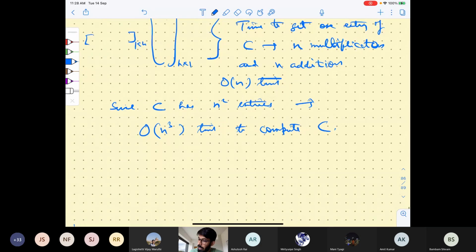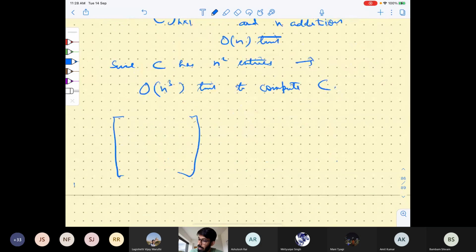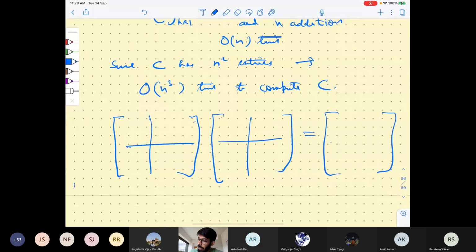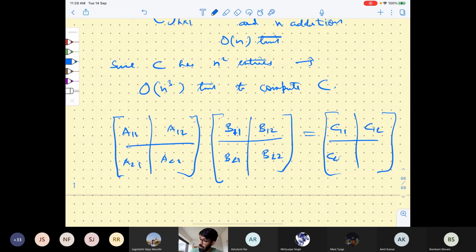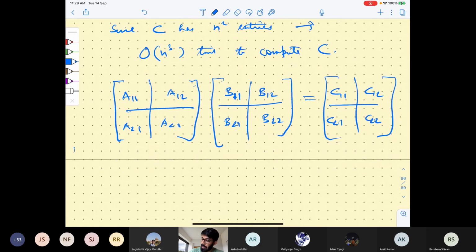So let's divide the matrices A and B into these parts, and C also. Let's say A is equal to A11, A12, A21, A22. Then what can we say about these matrices in terms of products of submatrices of A and B?